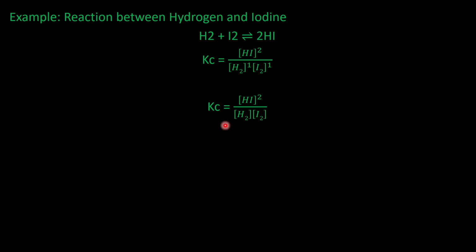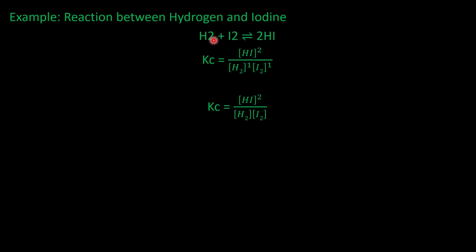For example, the reaction between hydrogen and iodine. When hydrogen and iodine react, they give hydrogen iodide. So we can write the equilibrium constant for this reaction like this. We write the product on top, and the number of moles or coefficient will go to the power.